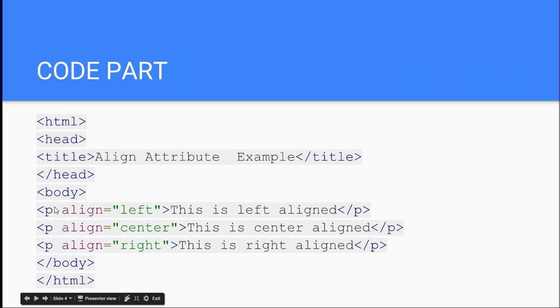This is a paragraph tag and it should close here, but inside the paragraph starting tag we are saying that we want this particular piece of this paragraph to be aligned on the left side. So this is called an HTML attribute.